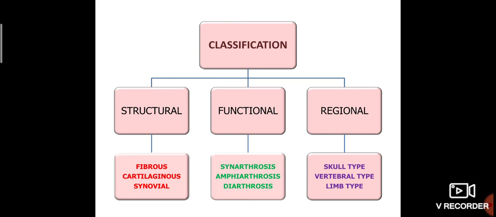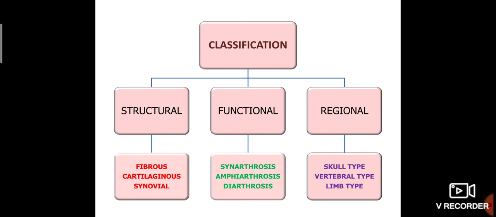But diarthrosis means freely movable, and diarthroses are the synovial joints. These are the common joints present in our body, and synovial joints are the most movable joints in our body, present in our upper limb and lower limb.